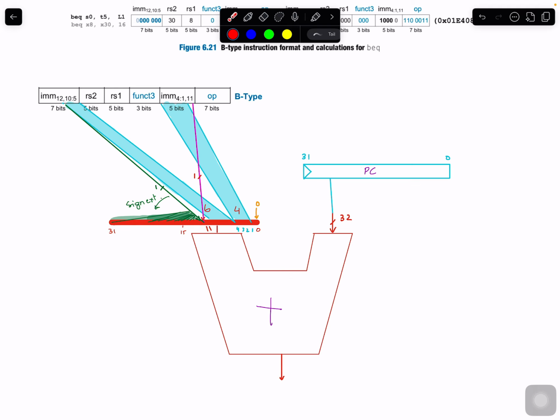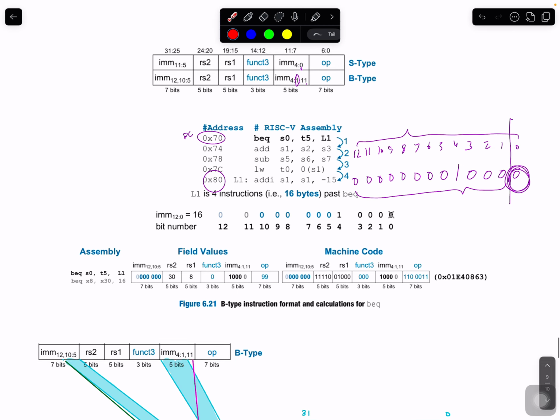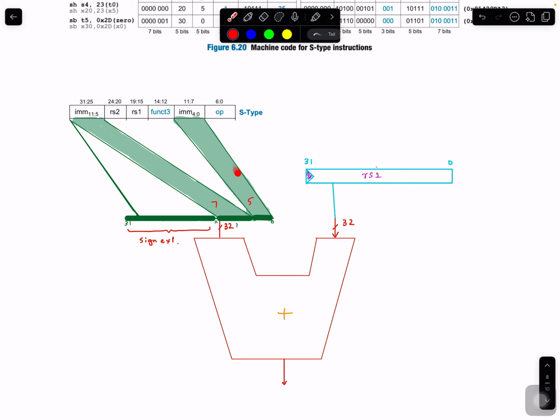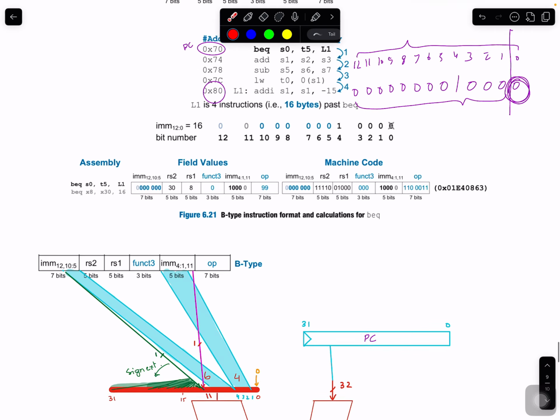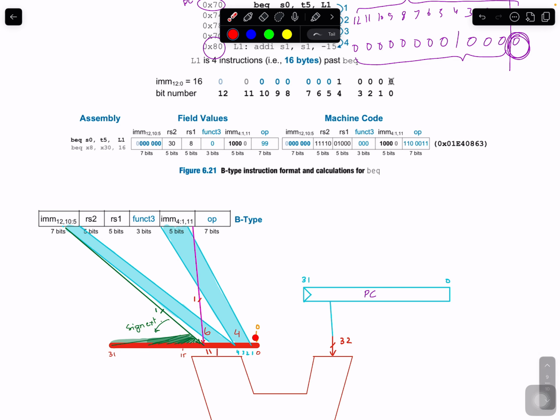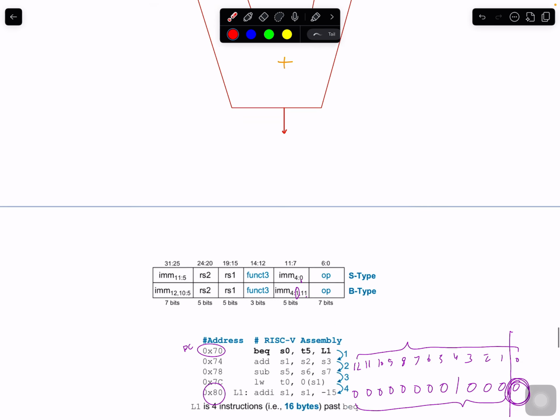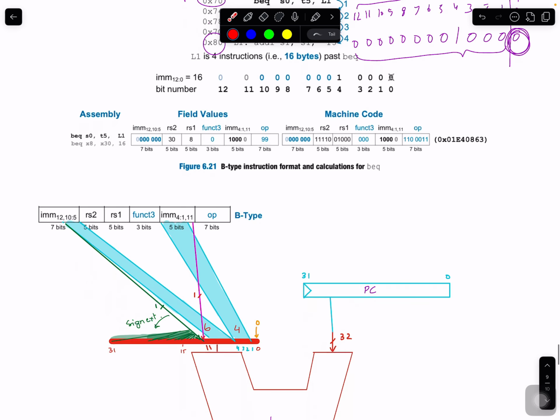To make sure most of the wiring is similar to the S type, we are keeping these bits coming here together. The only difference is the first one, which we hard-wire to 0, but here we just convert that. That's a simpler change.